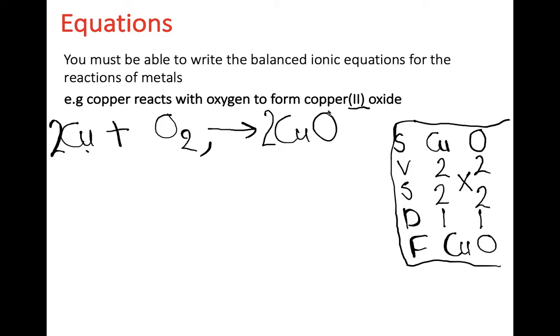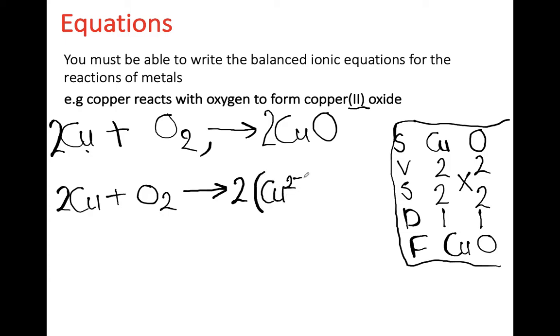So here is how we write that out. We have 2 Cu plus O2. So the first part doesn't change. It's the second part that does. So the 2 remains in place and I'm going to bring in brackets. Cu2+.